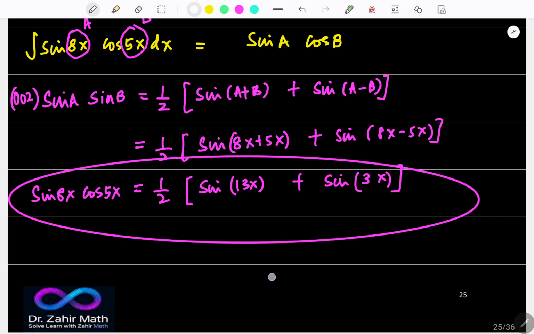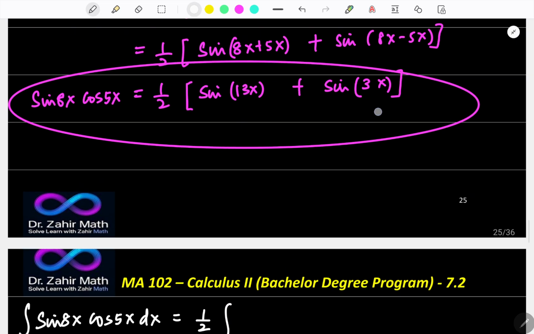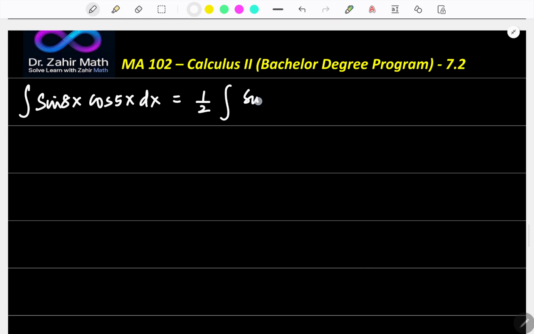Now this formula you're going to take it to the integral. So integral sine 8x multiplied by cosine 5x dx is equal to half times integral sine 13x plus sine 3x into dx.